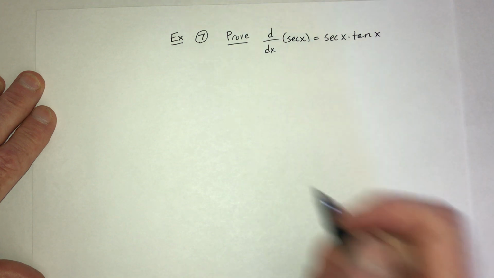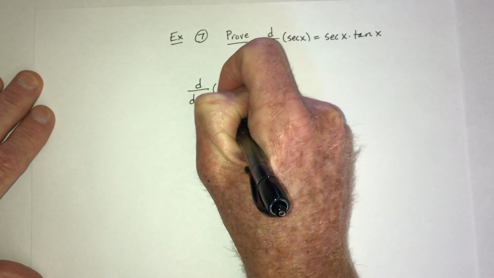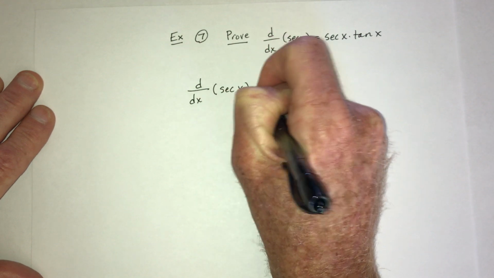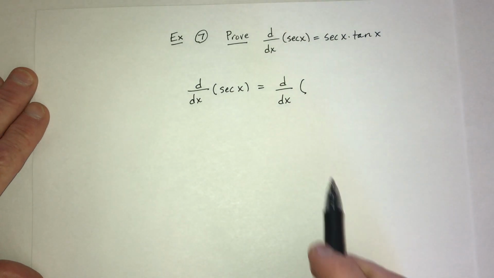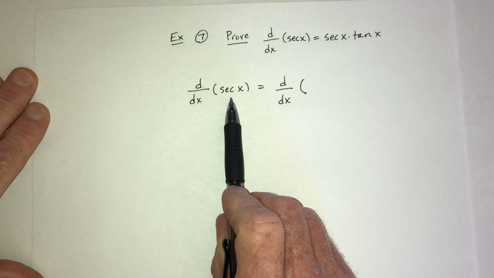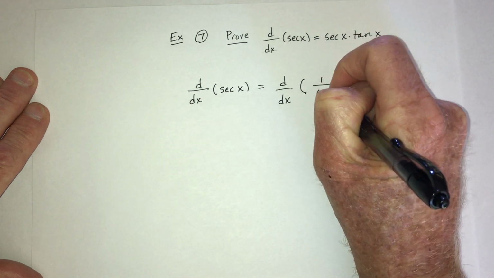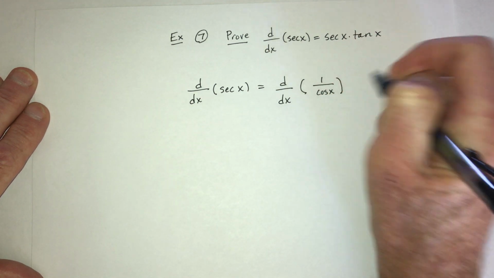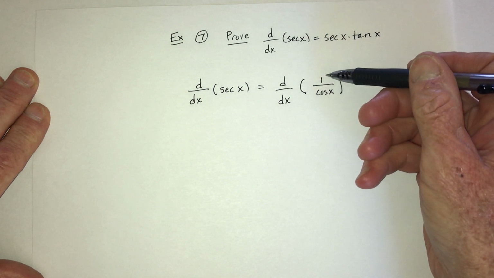Okay, prove that. So the derivative of secant of x. So first, I need to use a trig identity for secant. And that trig identity is that it equals 1 over cosine. Now, do the quotient rule.